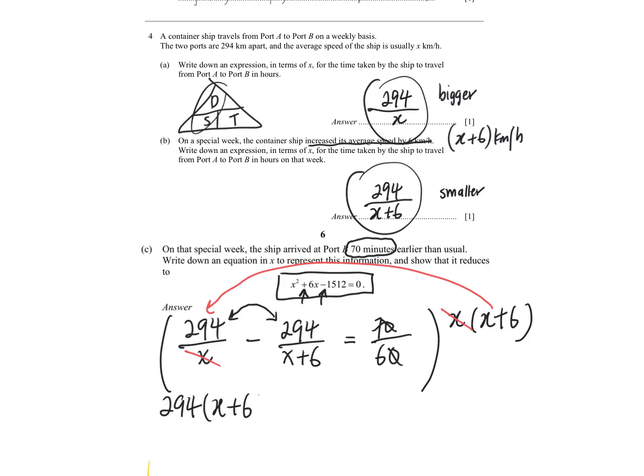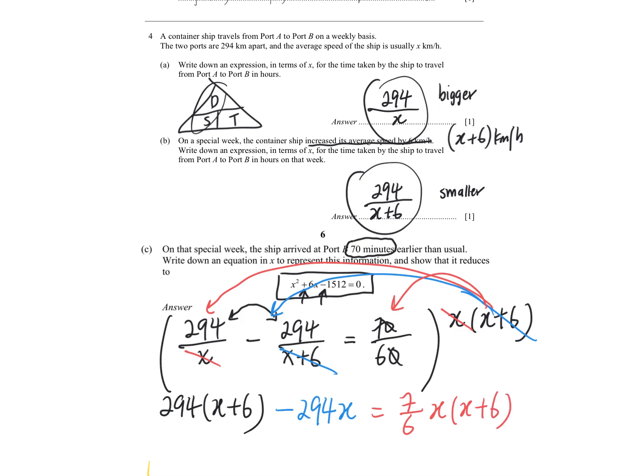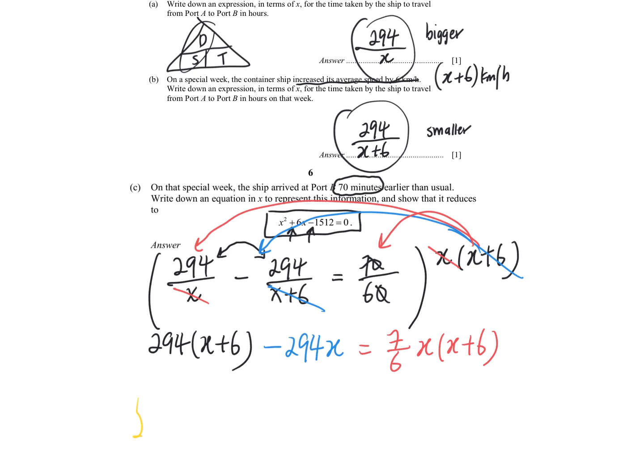So this is the first one you get. Second one, the x plus 6 cancels out. So you are left with this. The last one, you just multiply this by both of them. Okay, that's it. So if you expand it out, the 294x cancels out.